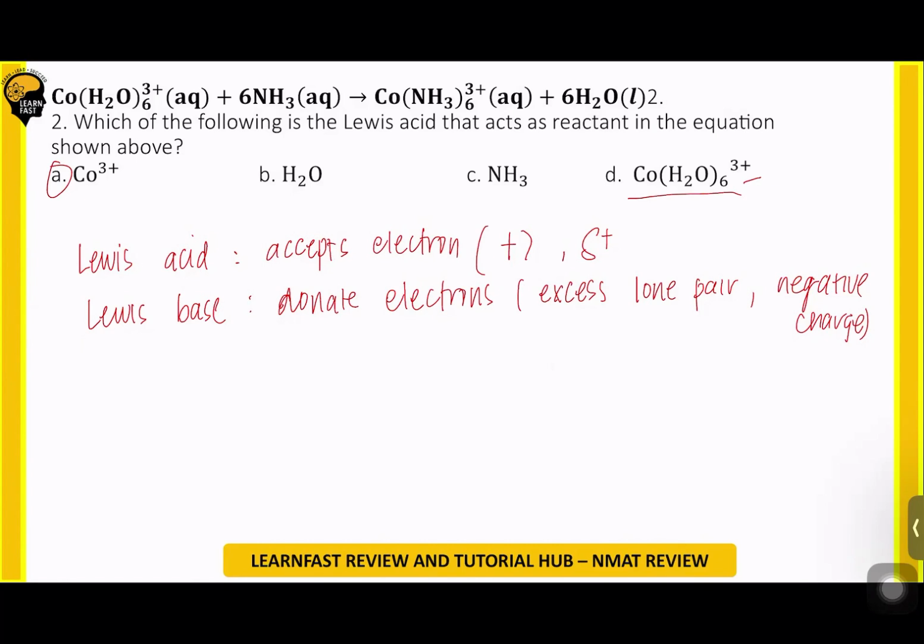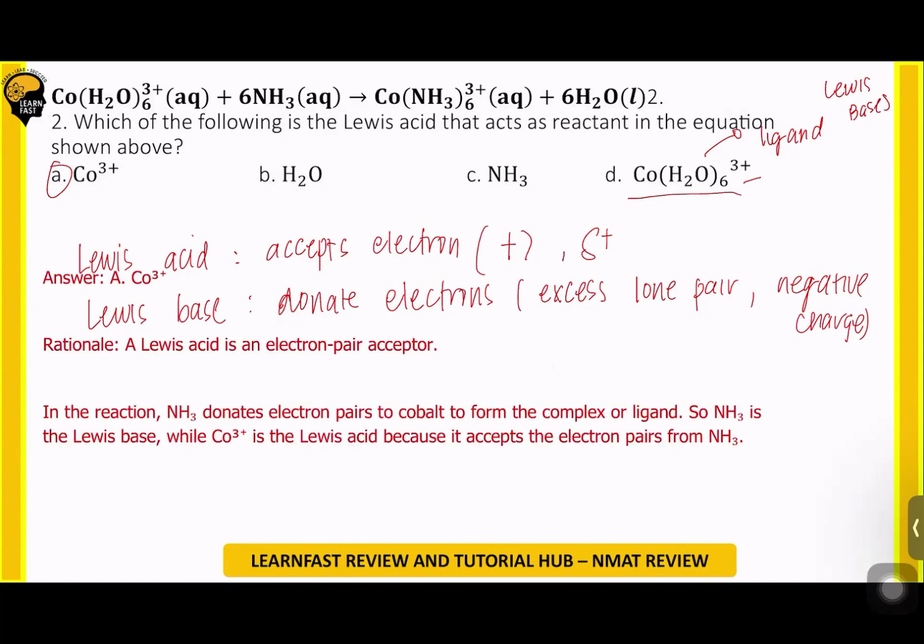We call water the ligand here, and ligands are generally considered Lewis bases. They attach themselves by donating their excess lone pair to the Lewis acid, which in this particular question is the metal ion, cobalt 3 plus.